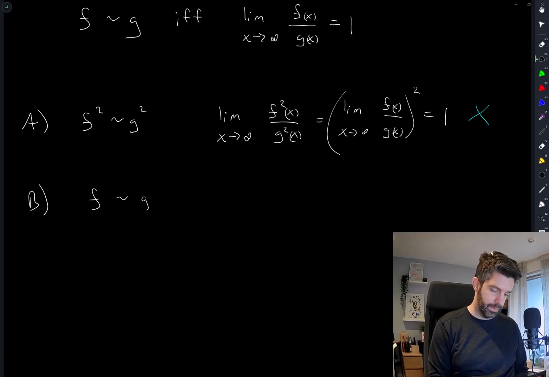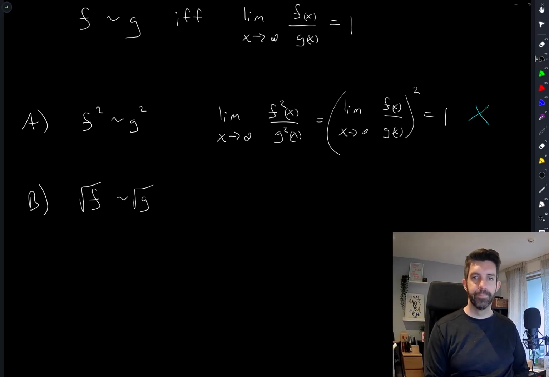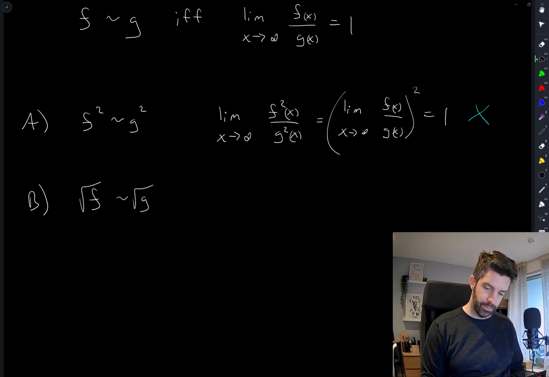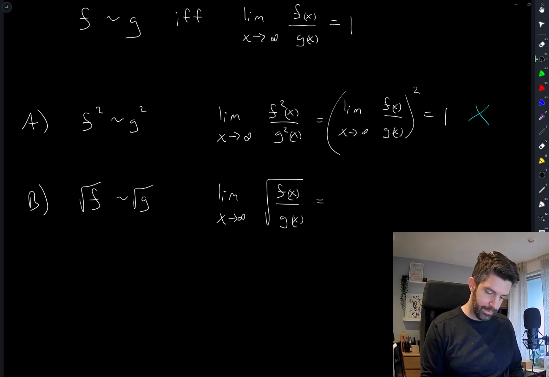Similar to the square root, again, we note that the limit as x approaches infinity of root f of x divided by root g of x is again going to equal 1.